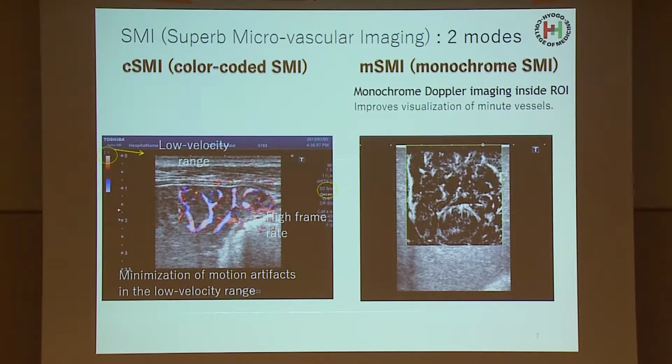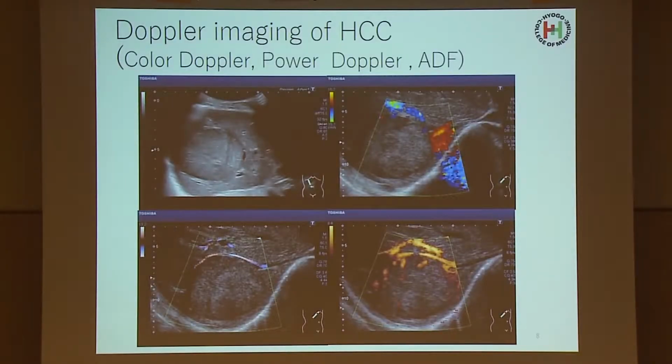This monochrome SMI image clearly depicts new micro vessels. While in these classical HCC cases, conventional color Doppler and power Doppler have limitations to detect blood flow, even in hypervascular HCCs.